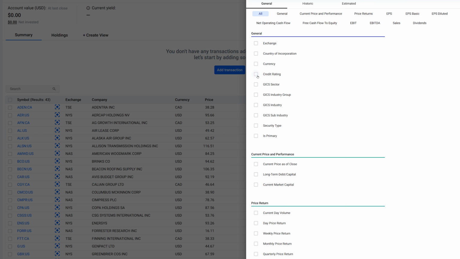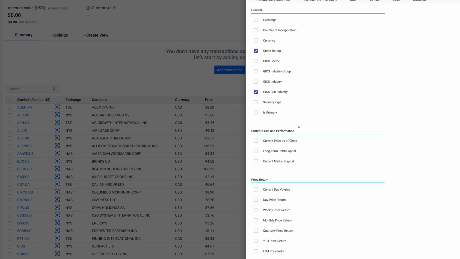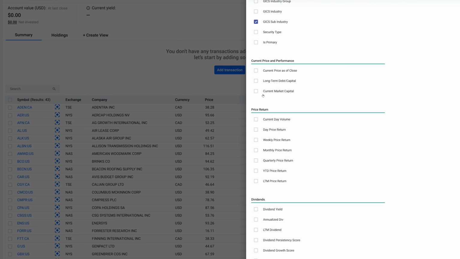Okay, so I'm going to look for credit ratings. I think that's something important. I'm going to look for the sector, which I already know is industrial, so I'm going to skip that, but I'm going to do sub-industry. So what stocks are in the sector? What are the sub-industries within the overall sector? All right, I'm not going to worry too much about price, but I am going to look at long-term debt to capital because I do want to see what kind of balance sheet the company might have, a cursory glance at this point.